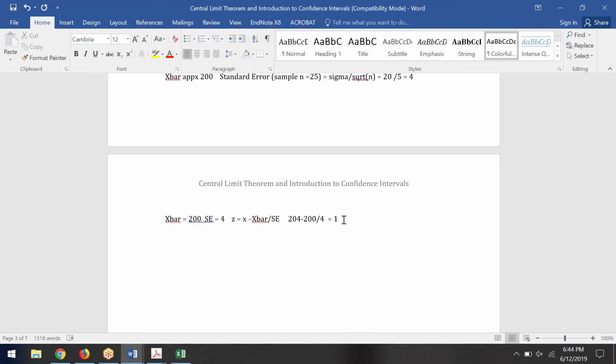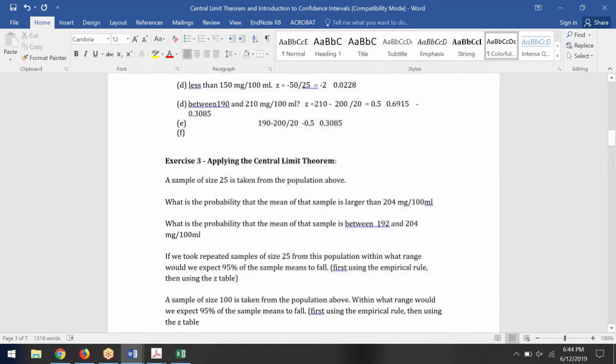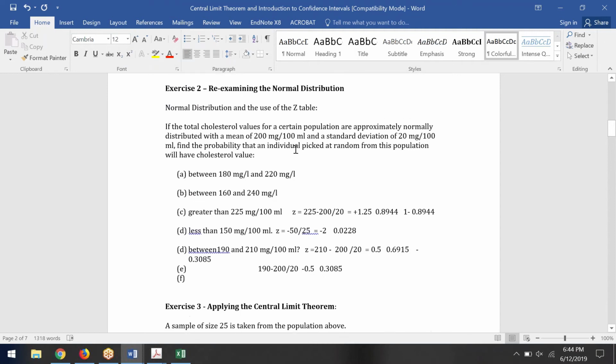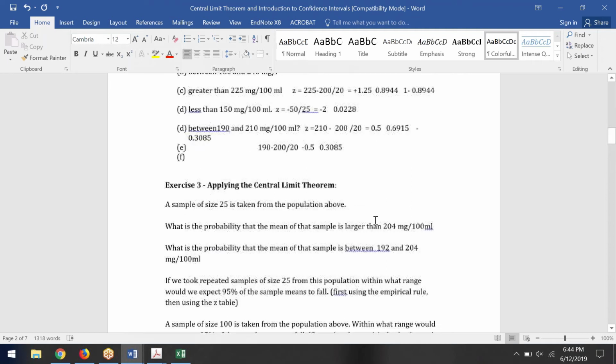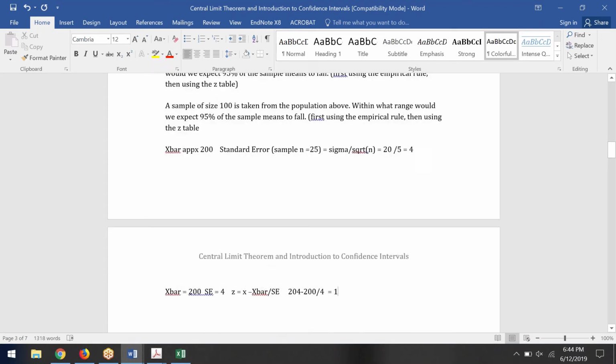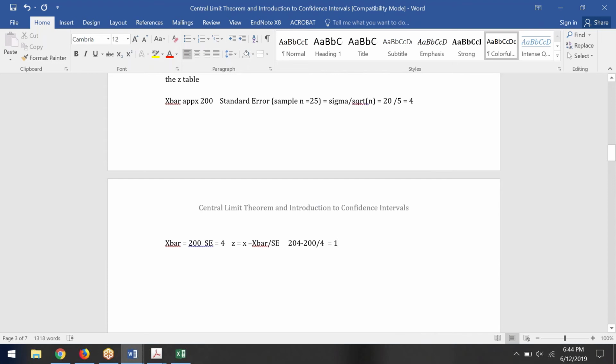That would leave 16% above that z-score of 1. So the chances of us taking a sample of size 25 from this population, which has a mean of 200 and a standard deviation of 20, and getting a sample mean above 204 is about 16%. I could actually look it up exactly in the Z table, but I'm going to be satisfied with the empirical rule.